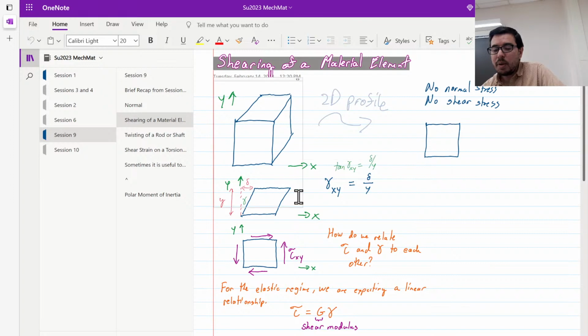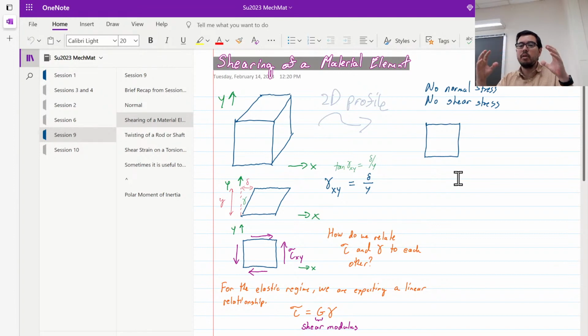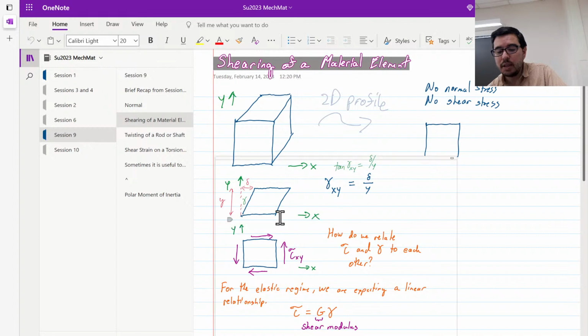Well, remember, normal stresses act to essentially elongate our elements, whereas the shear strains and shear stresses are going to be acting to cause a change in the shape and essentially cause a shift in the sides by some amount given by a gamma.